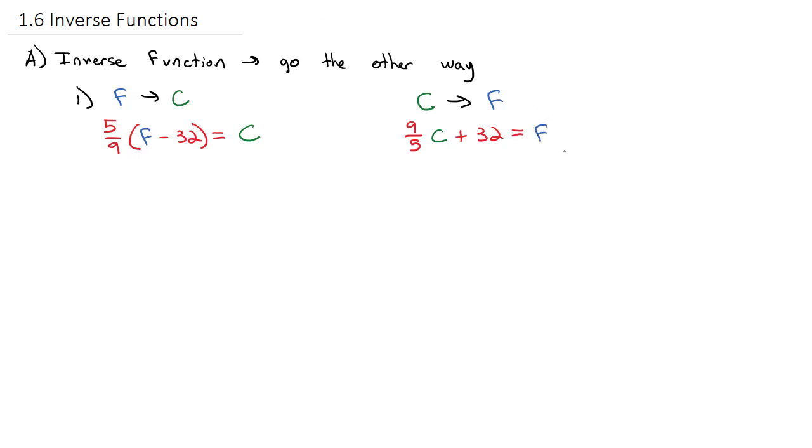So if I took that 37, almost 38 degrees of Celsius and put it into this formula, the second formula is going to change that into Fahrenheit and come up with 100 degrees Fahrenheit. Inverse functions go the other way. They're working with the same variables, but we take one variable to get the other, going the opposite direction.